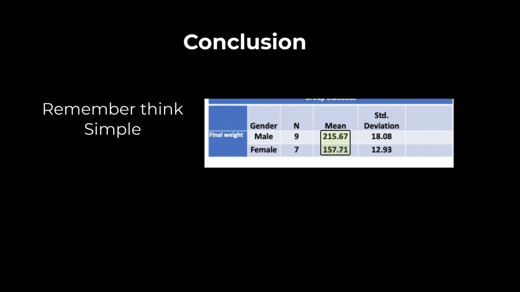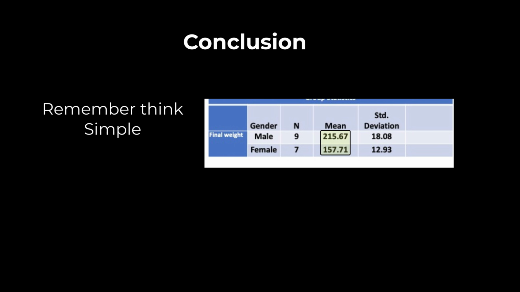To think simple: looking at the final weight of a weight loss competition, you don't have all the data here, but I can tell you that it's the final weight of a competition. In this case, we don't know how much weight they lost, but we do know their actual weights.